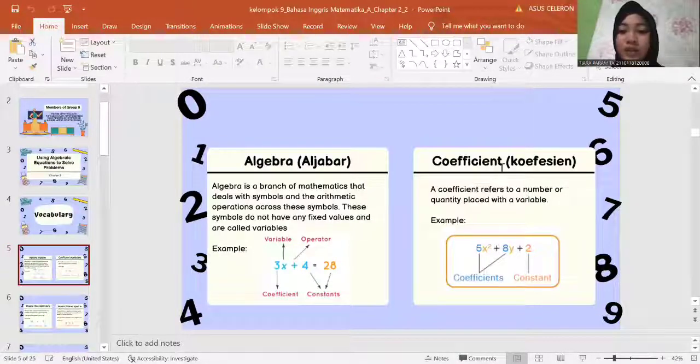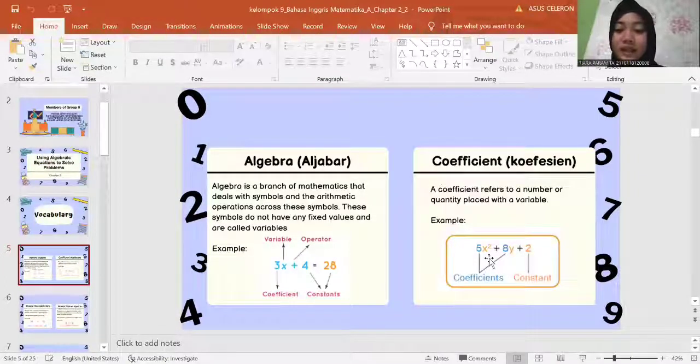2. Coefficient. A coefficient refers to a number or quantity placed with a variable. Example, 5x squared plus 8y plus 2.